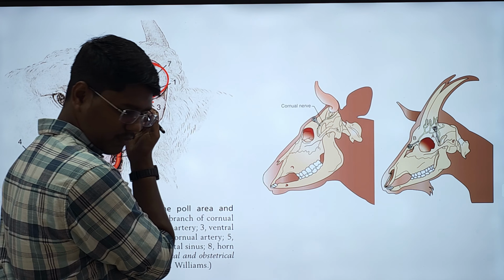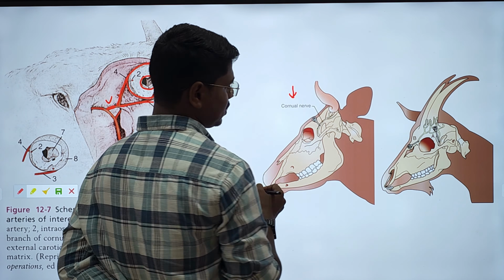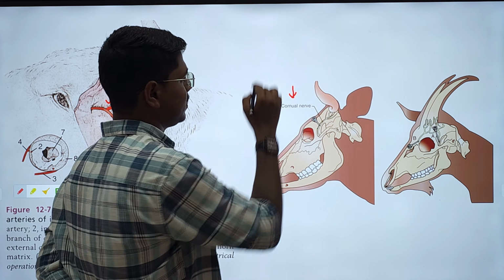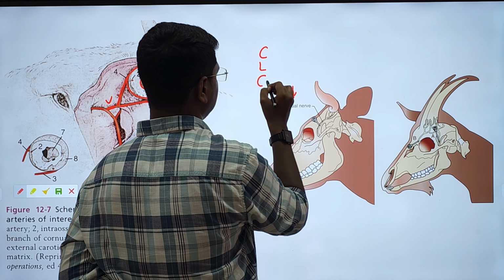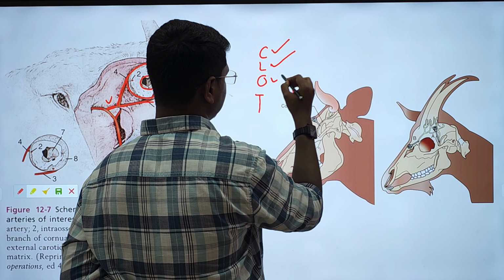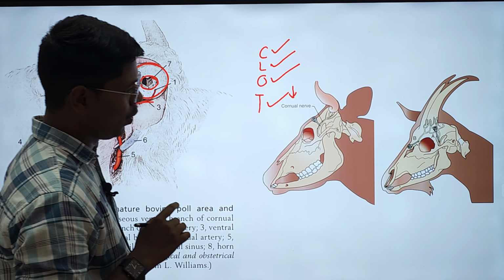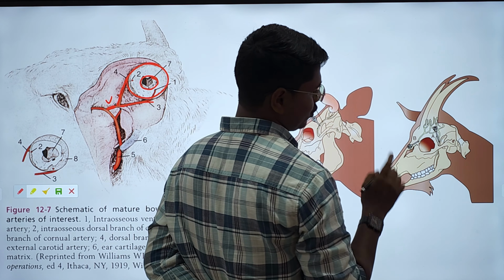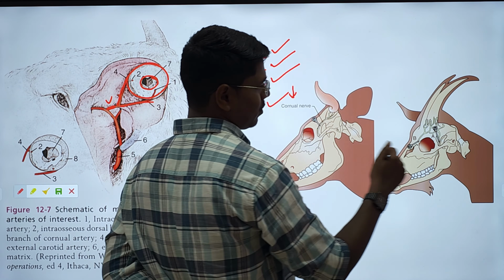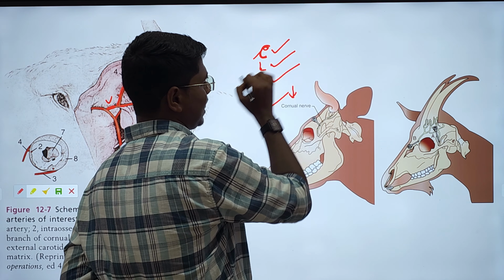In case of cattle, you will find the cornual nerve supplying the horn. You can remember it as CLOT: the cornual nerve is the branch of the lacrimal nerve, which is the branch of the ophthalmic nerve, which is the branch of the trigeminal nerve. But in case of goats, interestingly, two nerves supply the horn. One is the cornual branch of the lacrimal nerve.